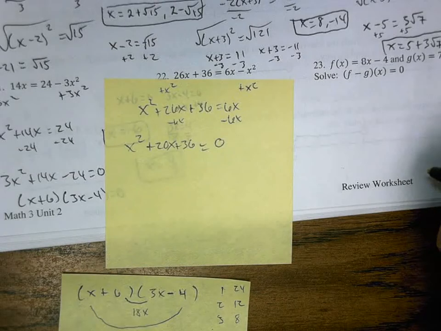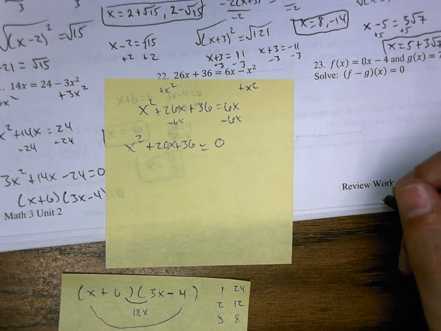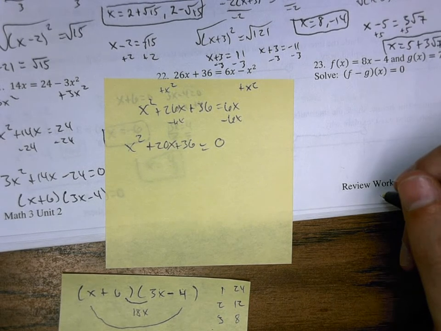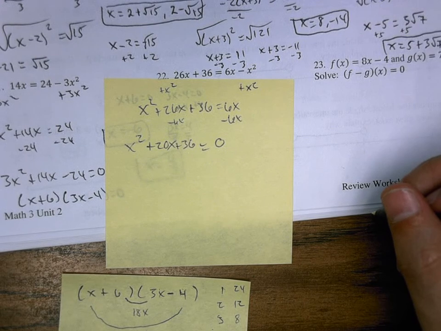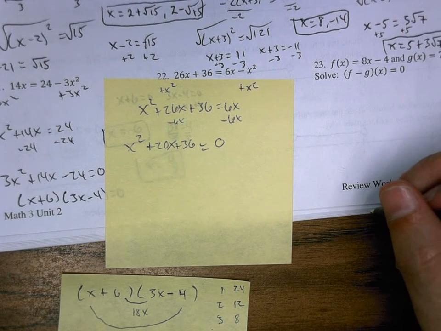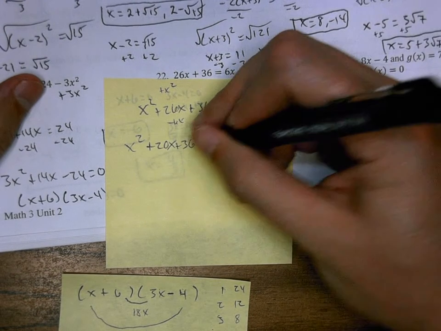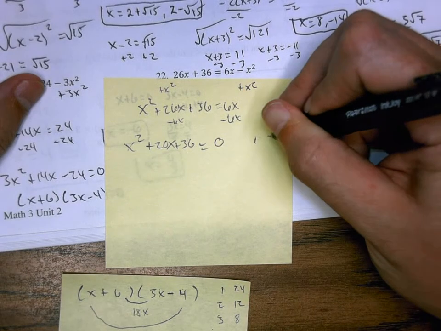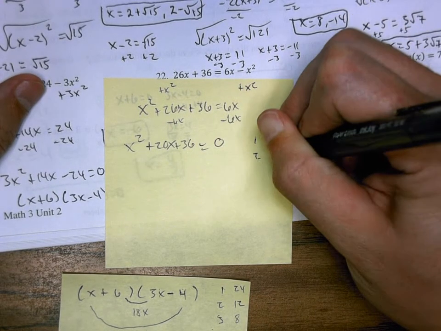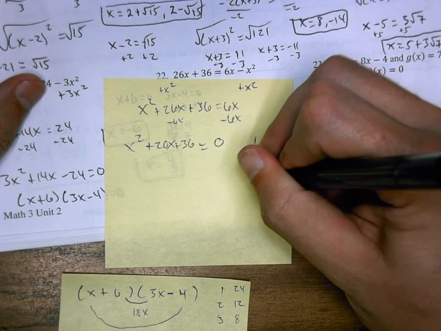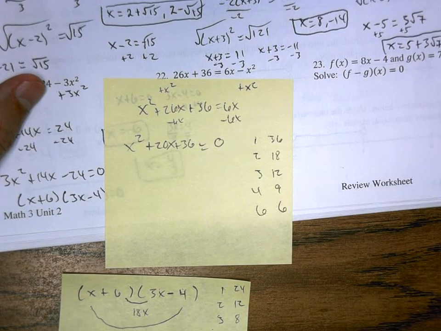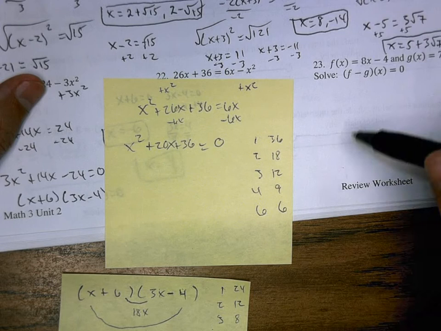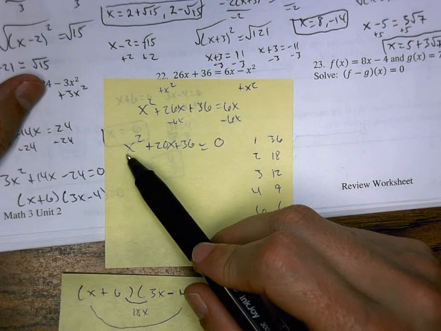And again, I'm back to factoring. Do any of them work though? I'm doing them in my head real quick. I don't think any of them will work. Actually, one of them might work. 36. The factors of 36 are 1 and 36, 2 and 18, 3 and 12, 4 and 9, 6 and 6. Because our a value is a 1, this works out pretty nice.